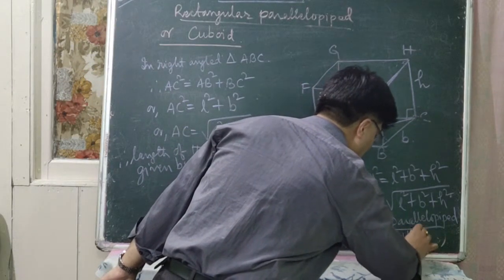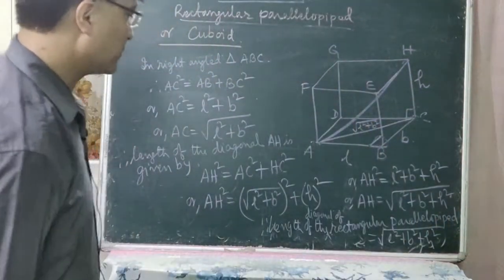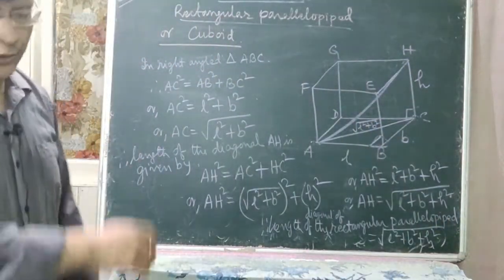This is root over L square plus B square plus H square. So is that understood now? So you can copy it.